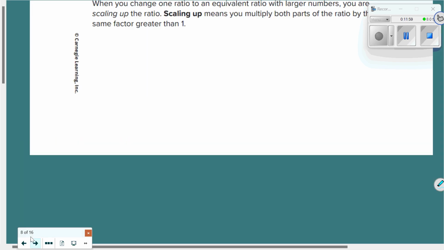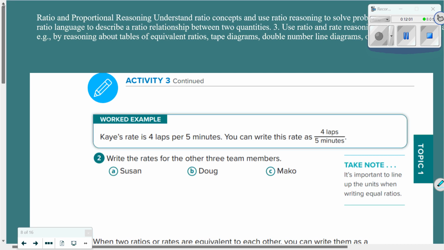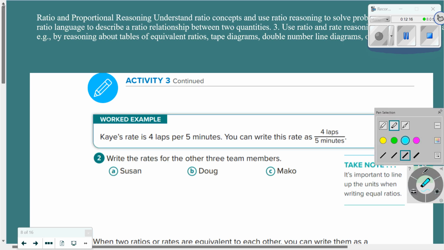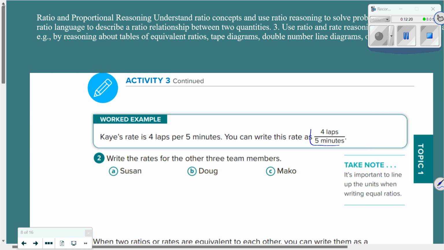This one we skip. This 203 is still one. So exactly one we skip. So in this case, we can take the ratio that they've given us and write it as a rate by turning it into a fraction.